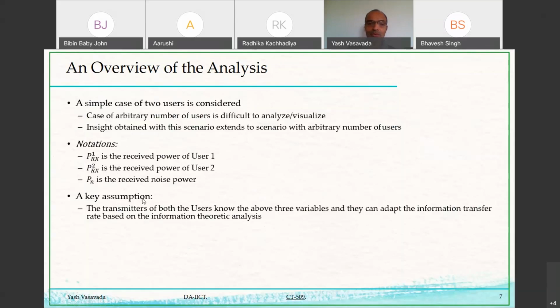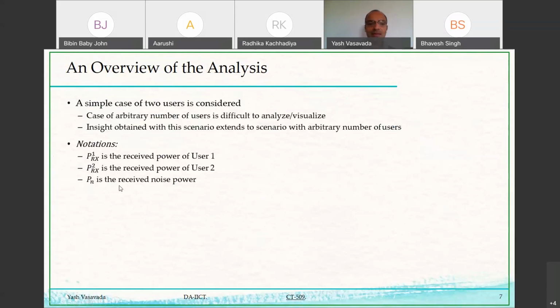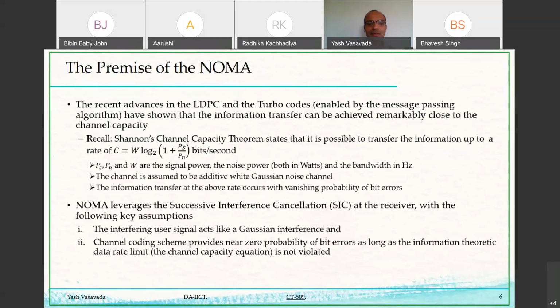Now, once the transmitters know these power levels, then they can plug those power levels in this equation. PS will become the power at which the signal has been received.